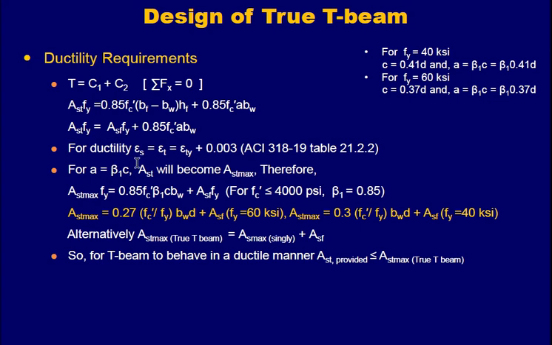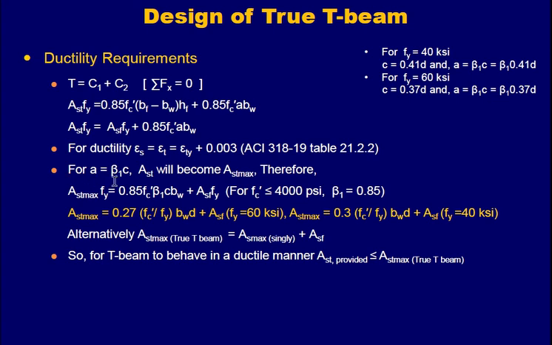So for ductility, the steel strain, the tensile strain, is equal to epsilon ty, and the concrete should reach its ultimate strain, which is equal to 0.003. This is the requirement of ACI table 21.2.2.